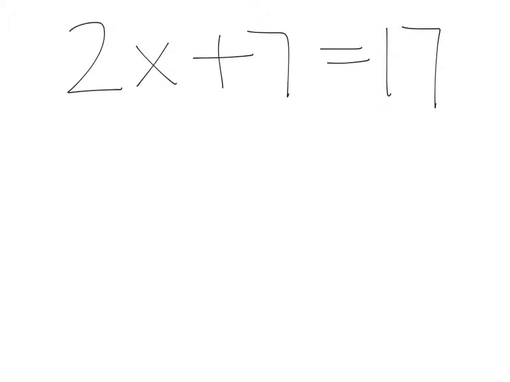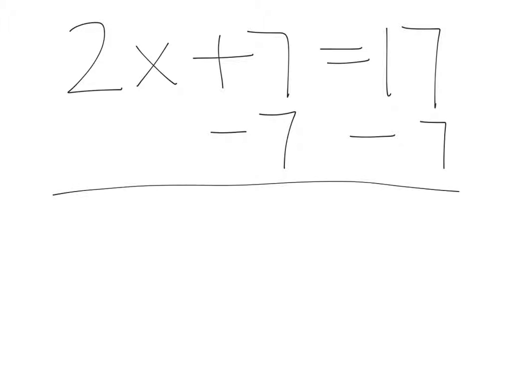We need to start by using inverse operations to get this variable, 2x, alone. That means we need to subtract 7 on both sides, because subtraction is the opposite of this addition right here, leaving us with 2x equals 10.